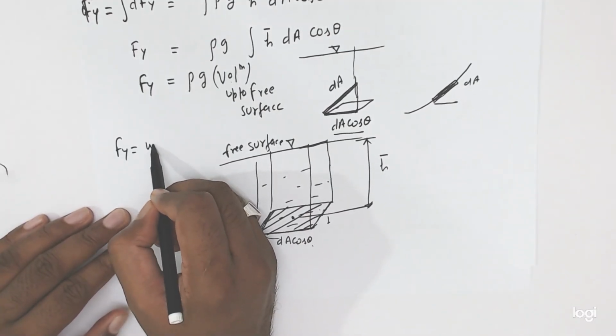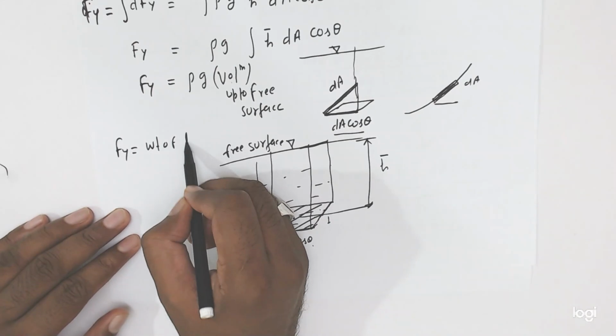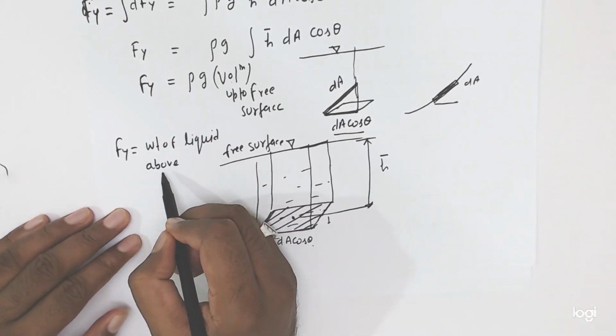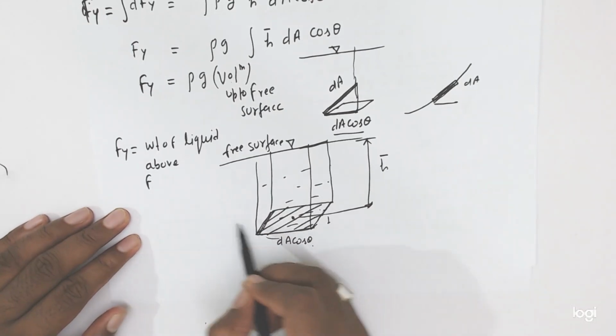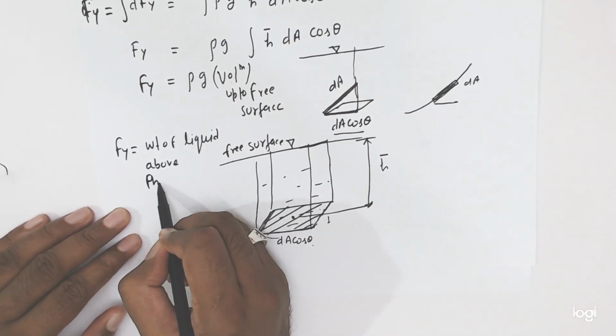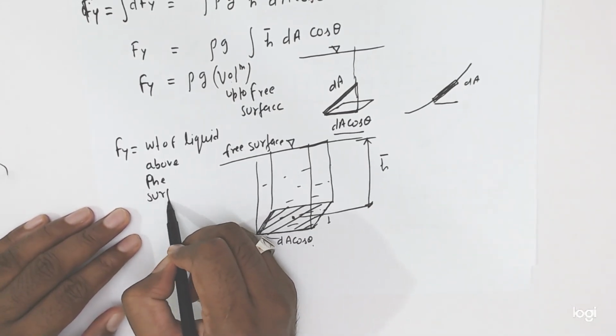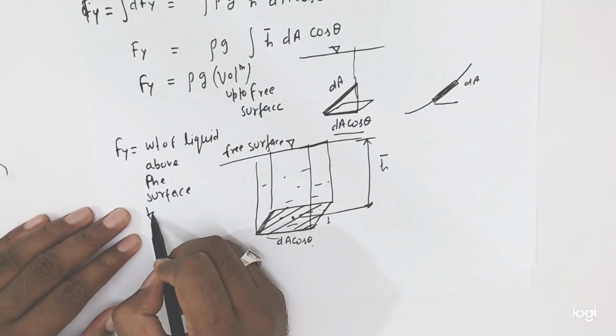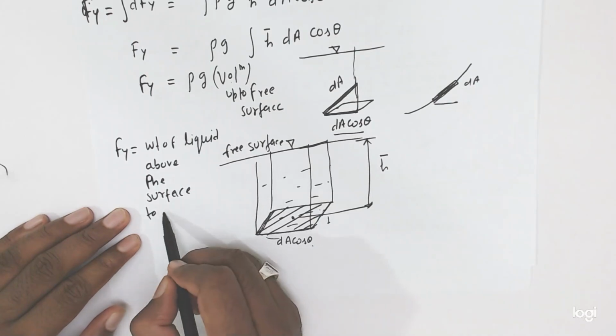Fy is equal to the weight of liquid above the surface up to free surface.